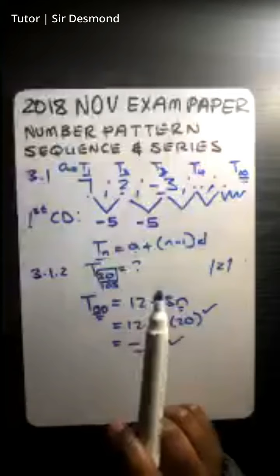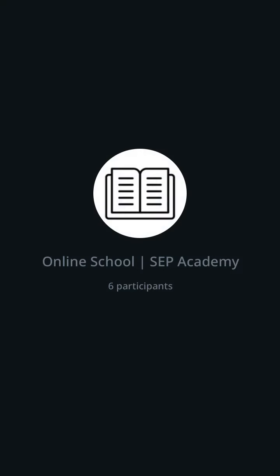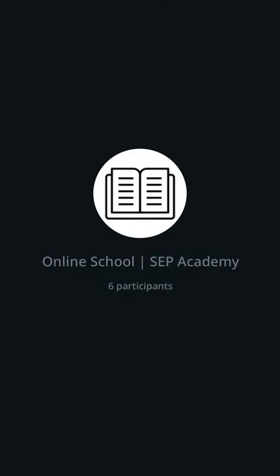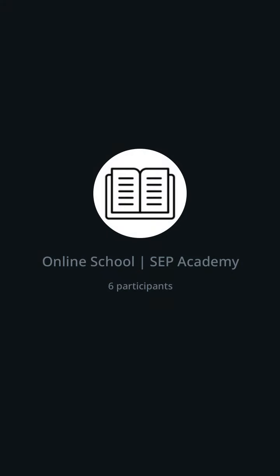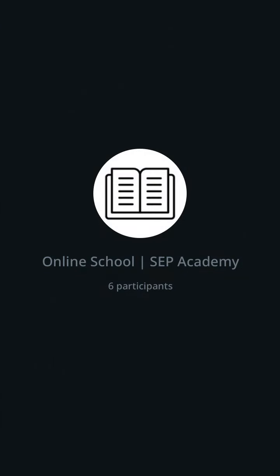But the moment they say calculate the value of term whatever, then you can get either a positive or a negative number. It depends on whether from term 1 to term 2 to term 3 we are decreasing or increasing. You can see term 1 is bigger, term 2 is less, and less, which means in that direction we are decreasing.